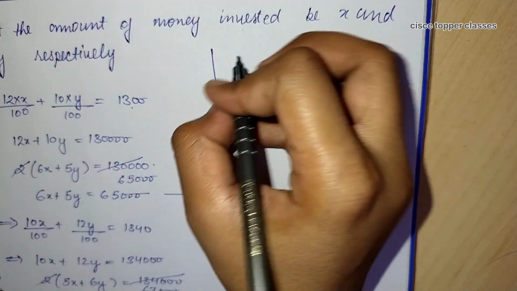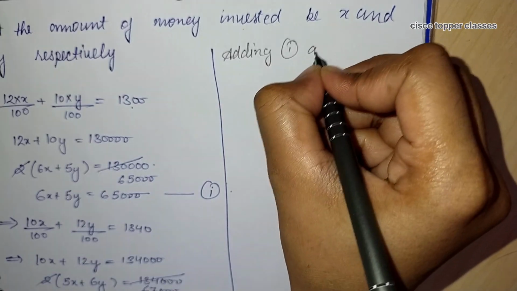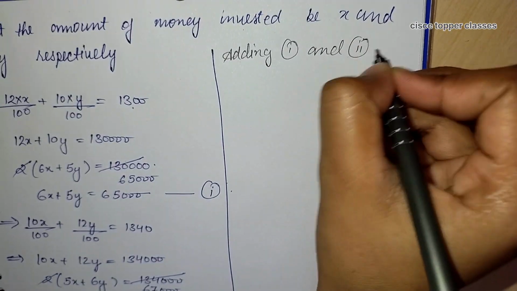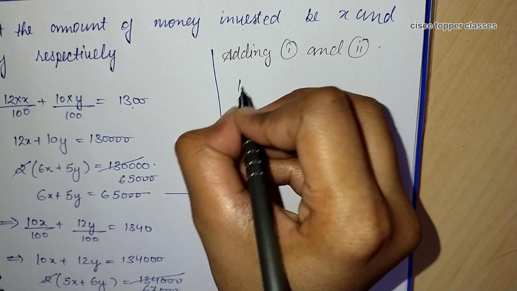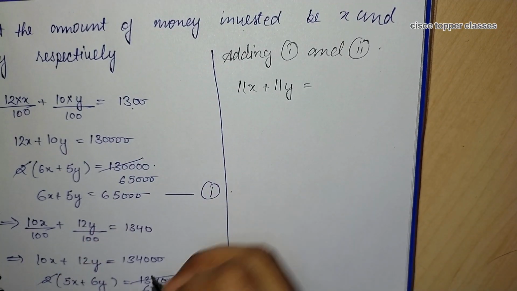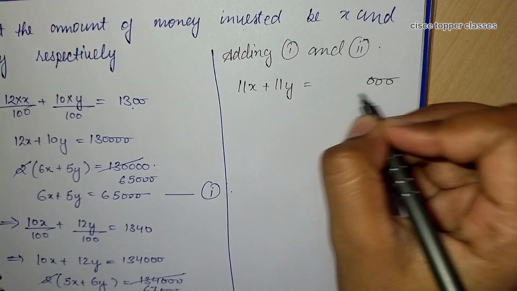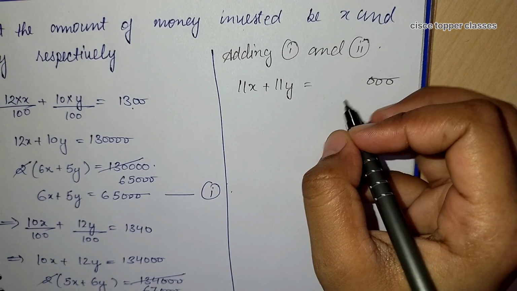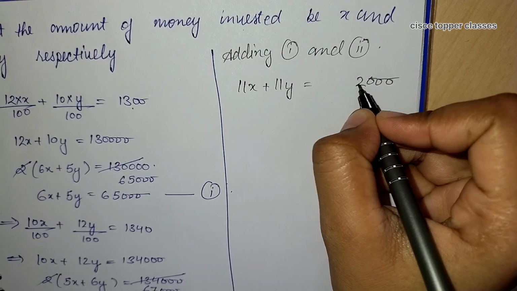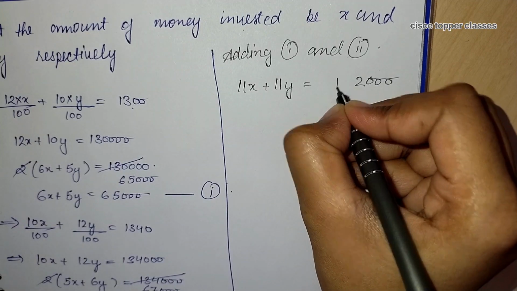So firstly we will add the first and second equation here. We will get 11x plus 11y equal to 65,000 plus 67,000. So it will be 5 plus 7 as 12, and 7 plus 6 here as 13.